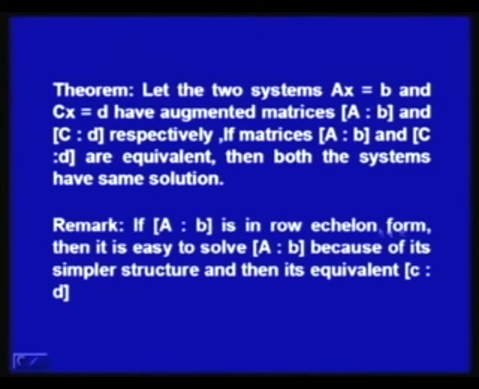So, if [A, B] is in row echelon form, then it is easy to solve because of its simpler structure and it is equivalent to [C, D]. So, this system is simpler and that is why it is better to reduce the system of equations into row echelon form. This is the basic concept behind the elimination method which we will be using.